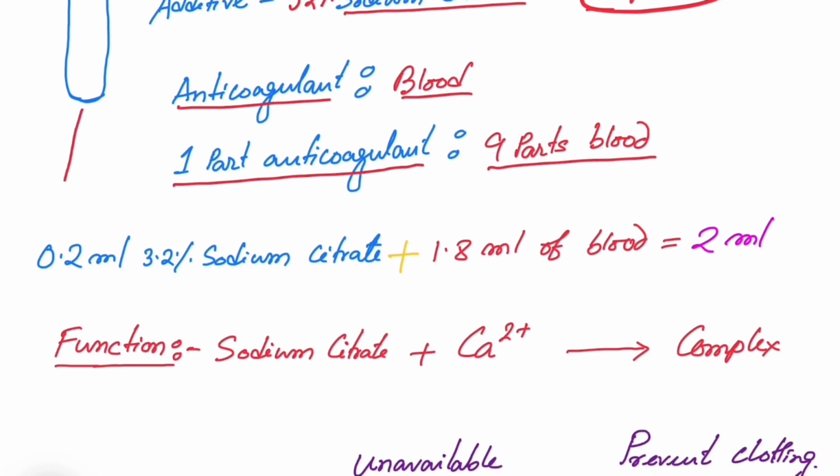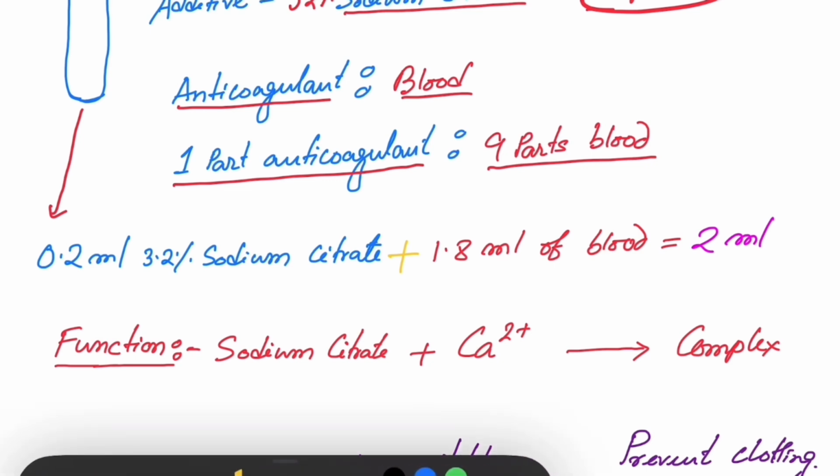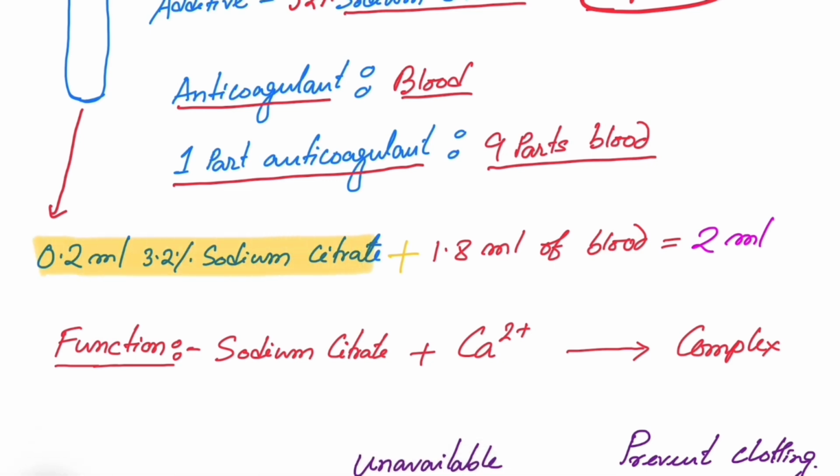For example, the tube basically contains 0.2 ml of 3.2% trisodium citrate and 1.8 ml of blood is mixed in that tube. It is a vacuum tube. Partial vacuum is there within the tube. Once you collect, automatically 1.8 ml of blood will come into the tube.